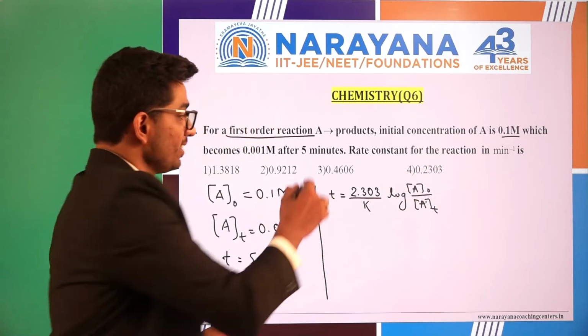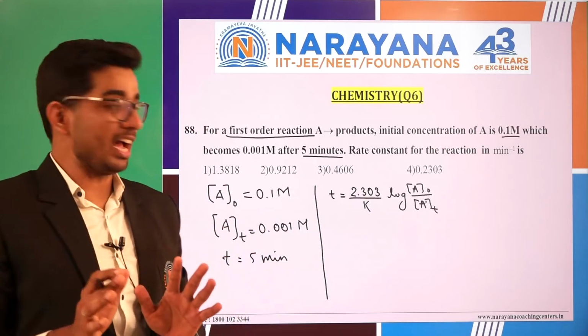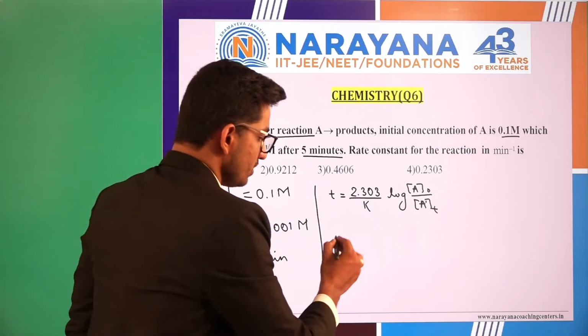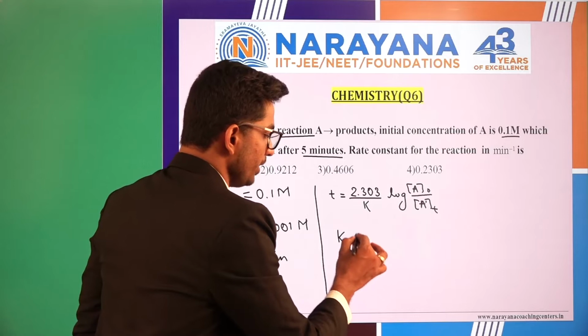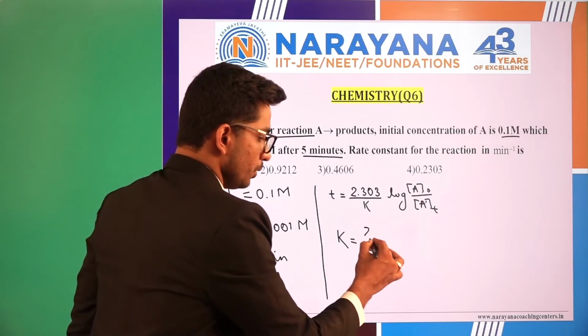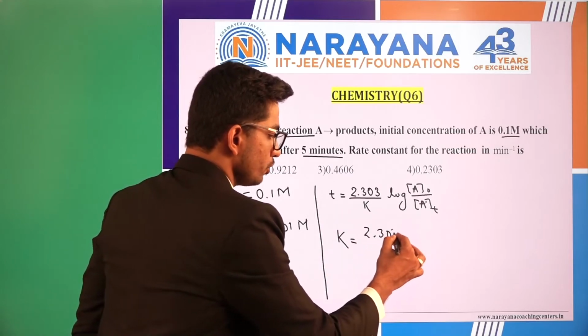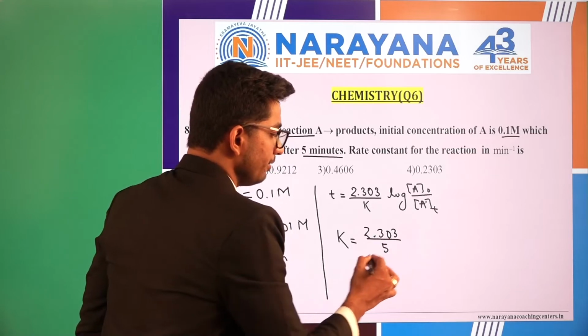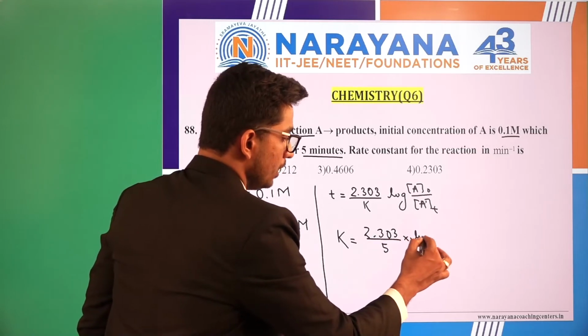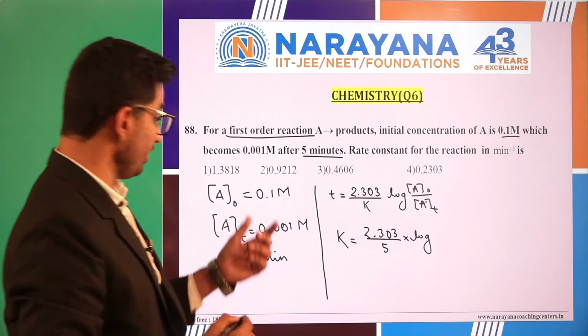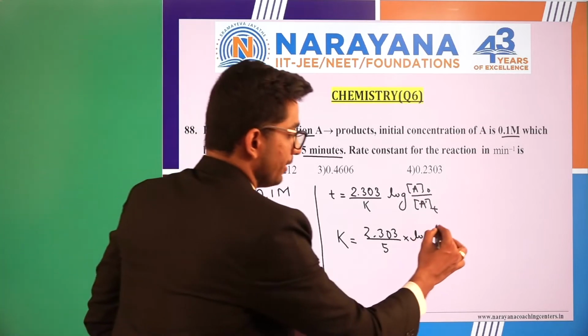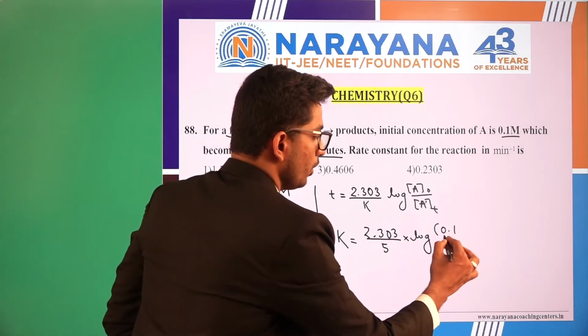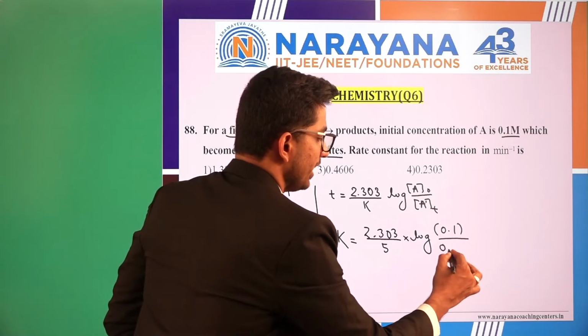The unit is minutes, so we don't have to change that. Keep it like that and just find the value of k. We'll put t here: 2.303 upon 5 into log of, what is the value of A naught? It is 0.1. And what is the value of A t?